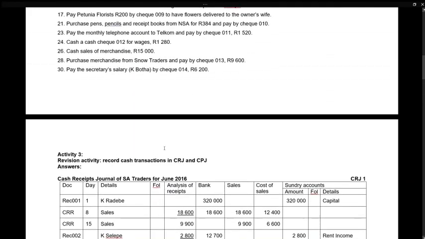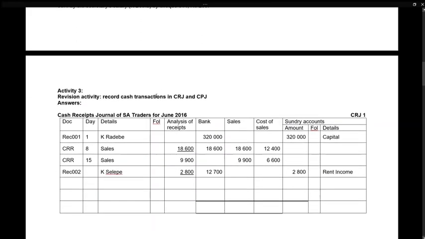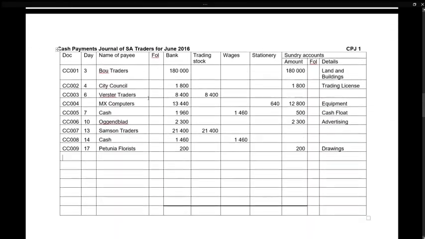Right, next transaction took place on the 21st. Purchase pens, pencils and receipt books from NSA for 384 Rand and pay by check 010. So pens, pencils and receipt books will all fall under stationery, so we don't have to go and split it up.